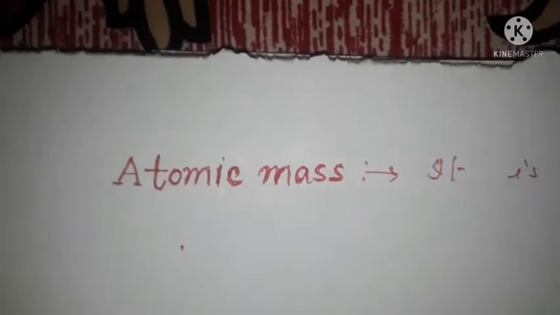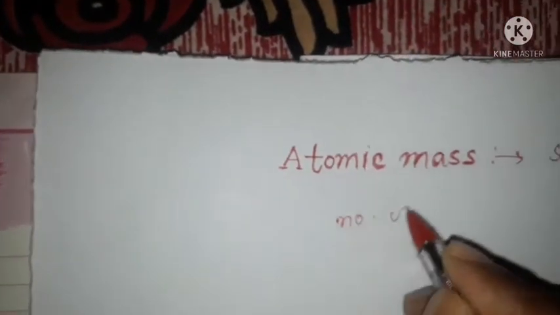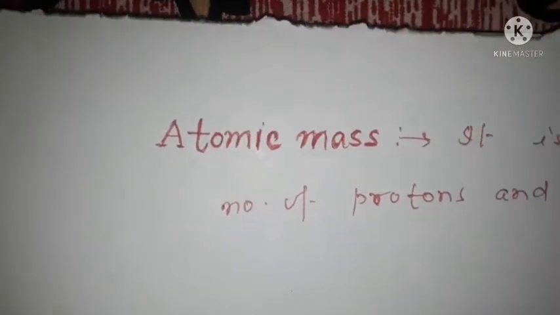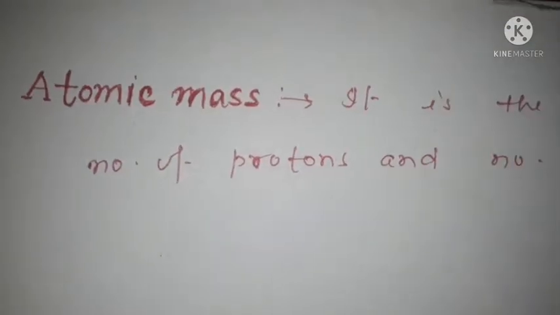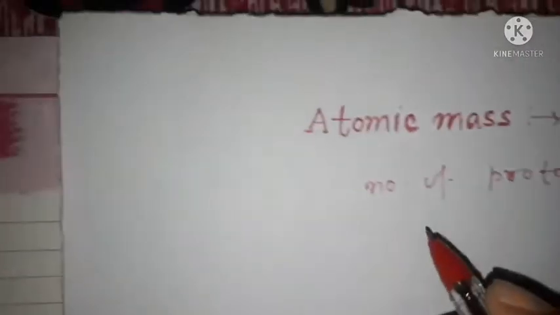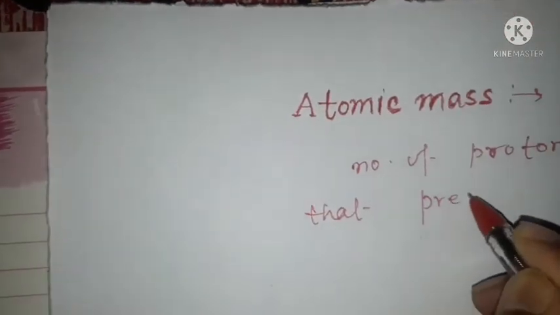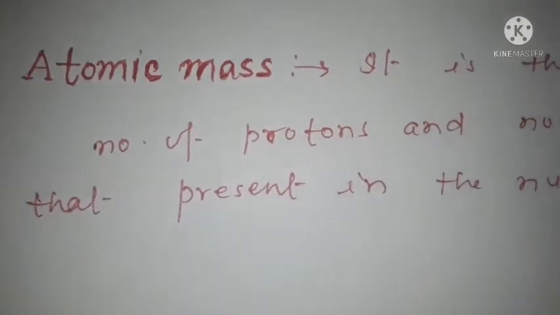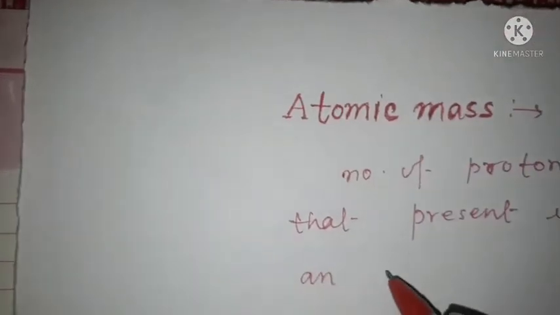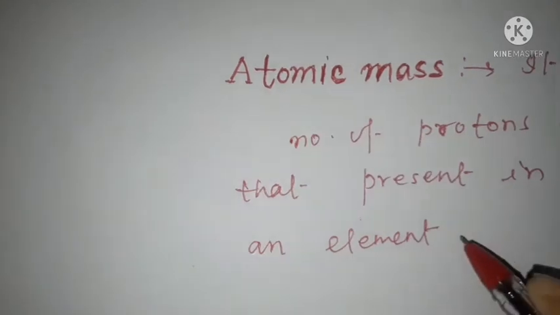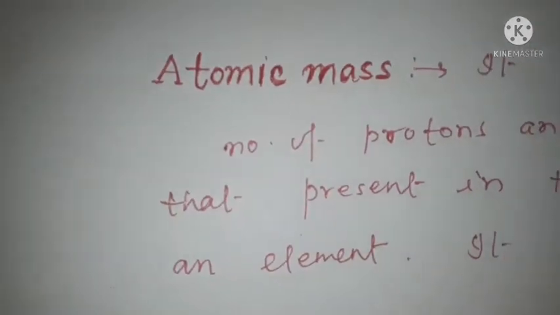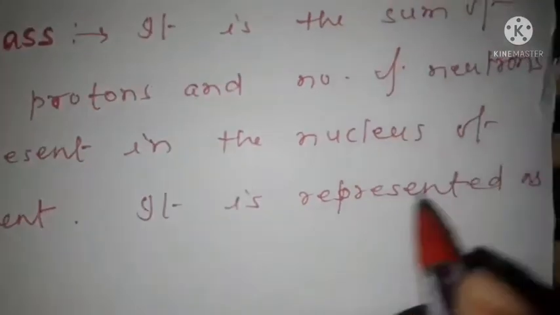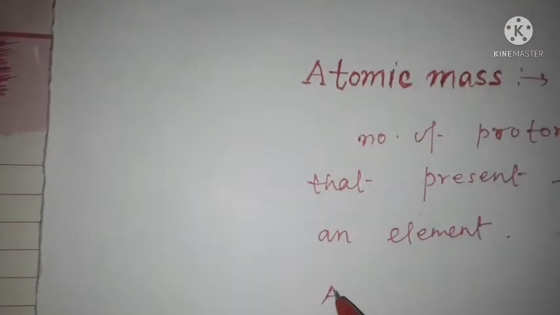Atomic mass is the sum of the number of protons and the number of neutrons present in the nucleus of an element. It is represented as capital letter A.